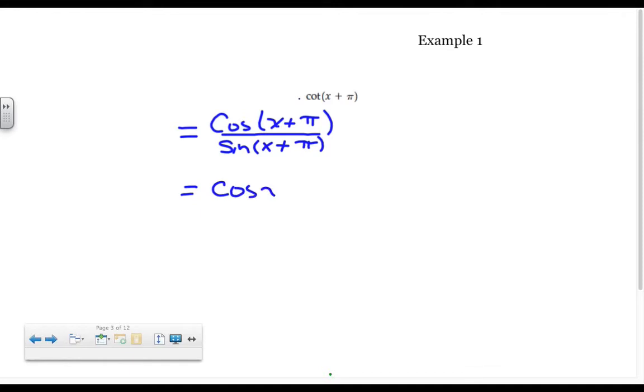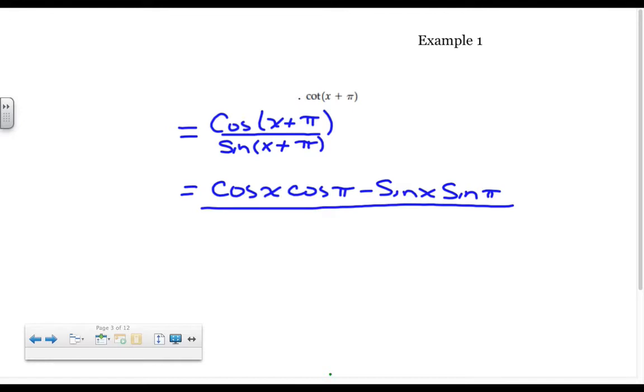So cosine is the same thing as cosine x cosine pi, sorry, minus sine x sine pi, over sine x cosine pi plus sine pi cosine x.